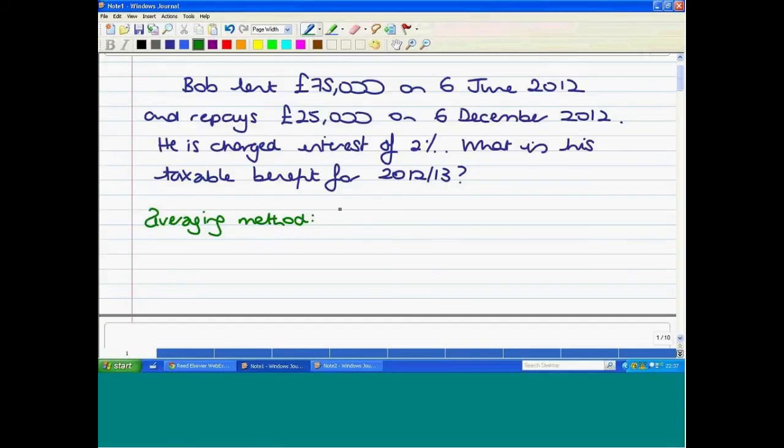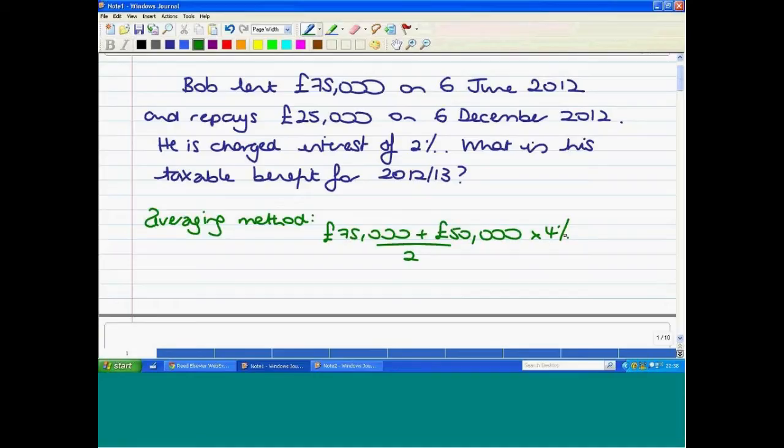So I'm still going to put my $75,000 in for the start of my fraction. So he did owe $75,000 when the loan started. He's then repaid $25,000, so at the end of the year he still owes $50,000. I'm going to take the average of that, and I'm going to times by my 4%.